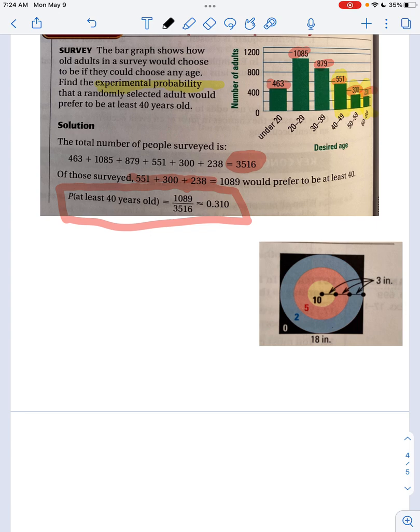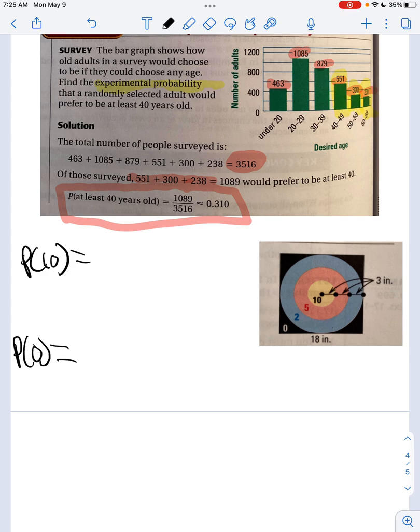Are you more likely to get 10 points or 0 points? So the probability of getting 10 points we have to figure out, and then we have to figure out the probability of getting 0 points, and then we're going to determine whether those are similar or not.